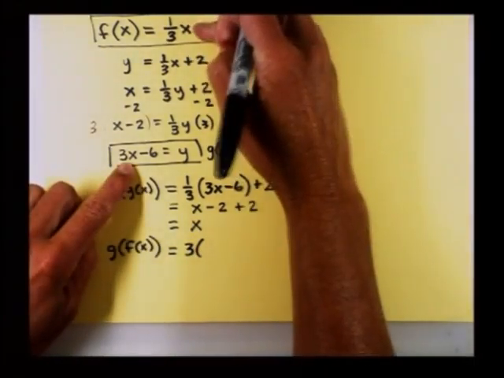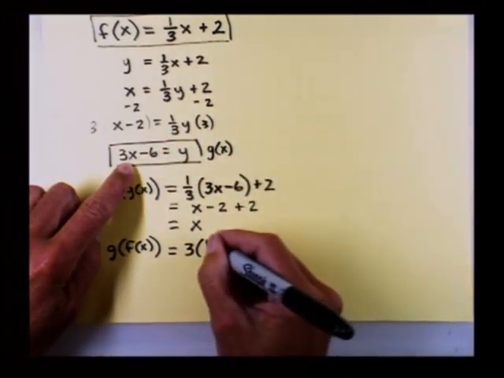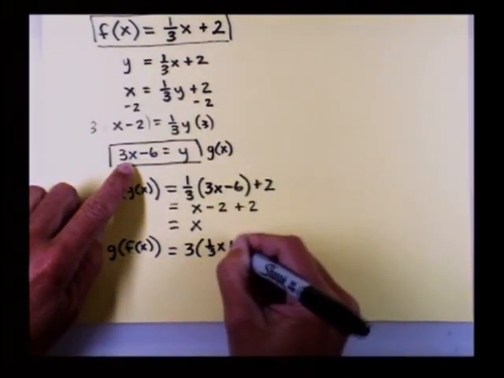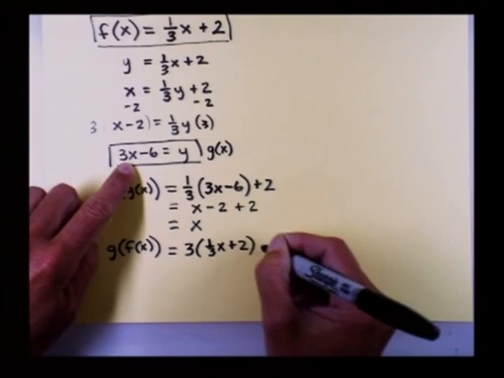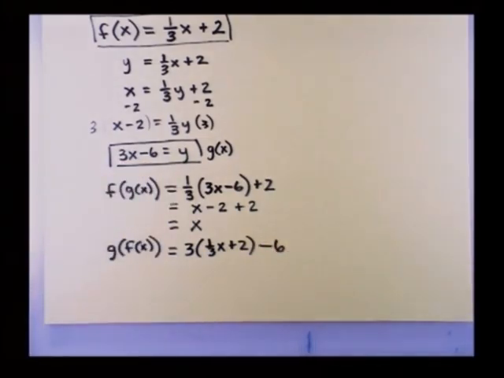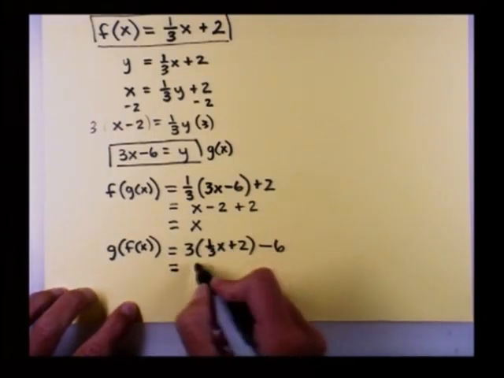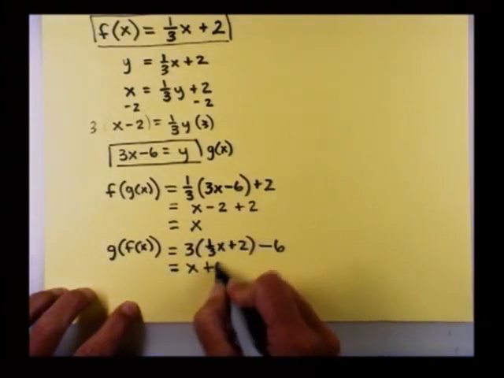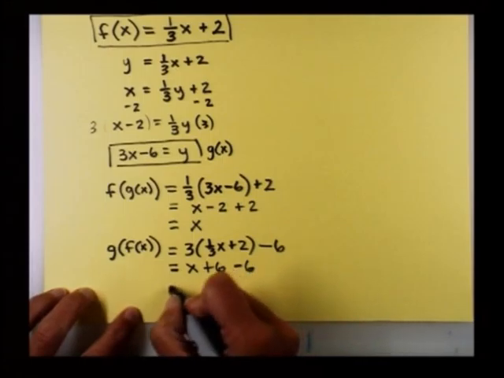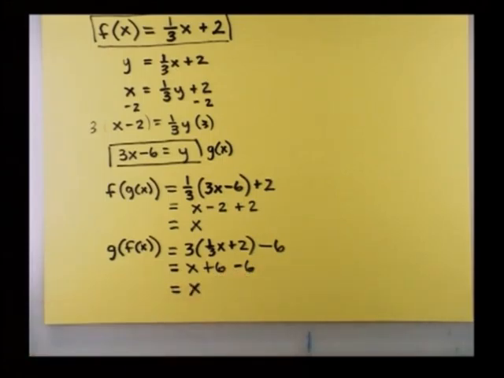We're going to take the entire f equation and plug it in for x. So that will be 1/3 x plus 2 minus 6. Go ahead and distribute again. And sure enough, we're back down to x. They are inverses of each other.